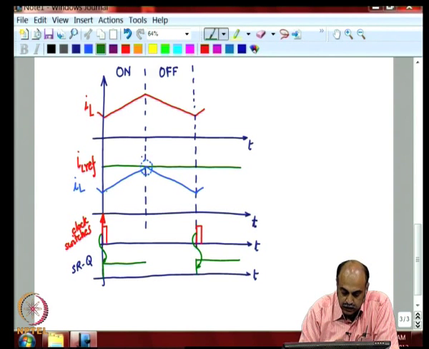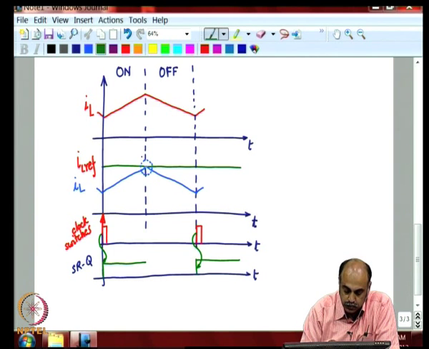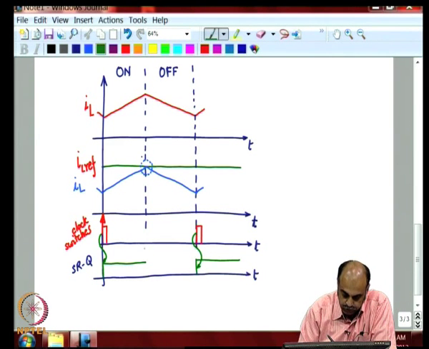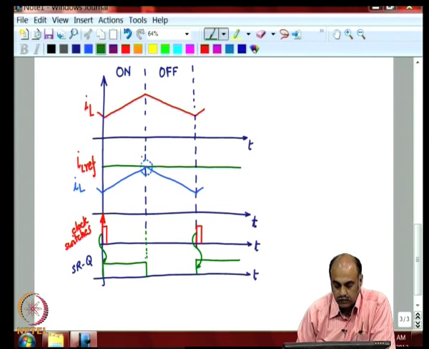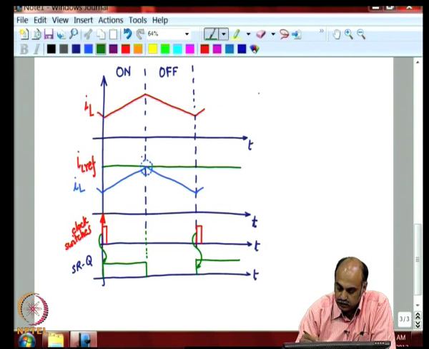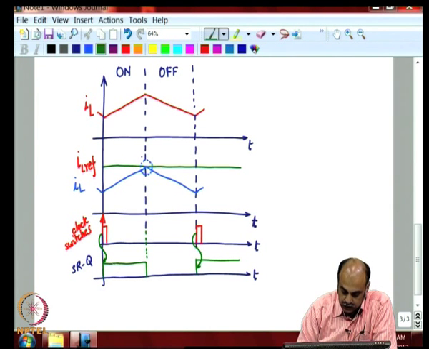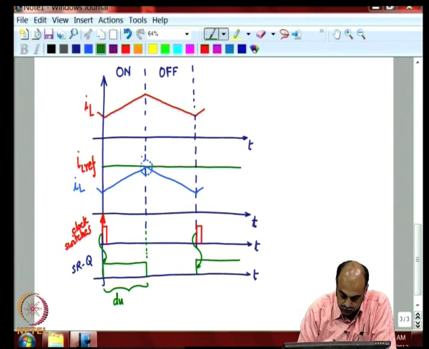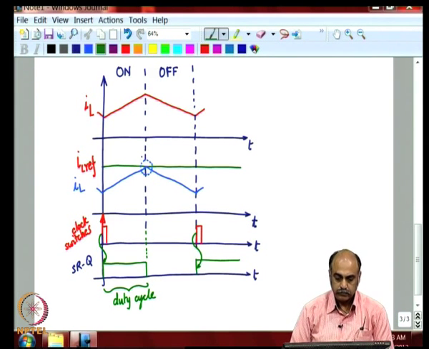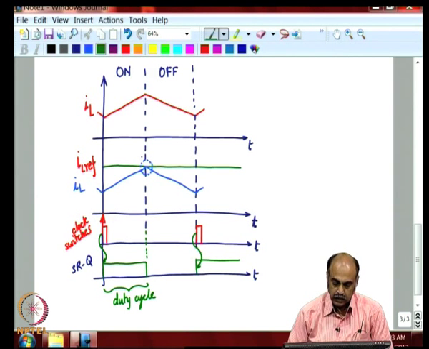Now, as the inductor current is rising, at this point the inductor current goes more than the reference. The latch switches off exactly at this point, and so on, it repeats every cycle. So, this actually is the duty cycle modulation that occurs in the current control period, cycle by cycle.